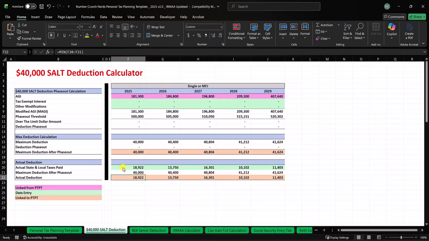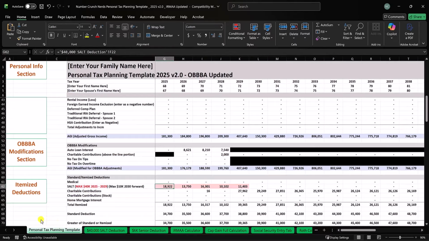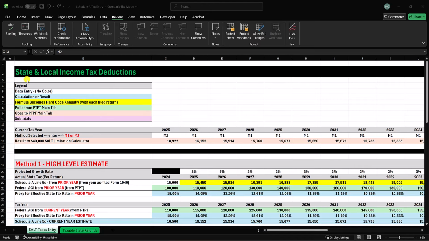So this $18,922 carries down here to the actual deduction. And then when we come back over here to the main tab of the personal tax planning template, there's our $18,922 of state and local tax deduction. And that process that we just went through in this video is how we will determine how much of our state and local taxes is eligible for deduction using the method 2 detailed calculation that can be found in our all-new tab for calculating the state and local income tax deduction for federal purposes.